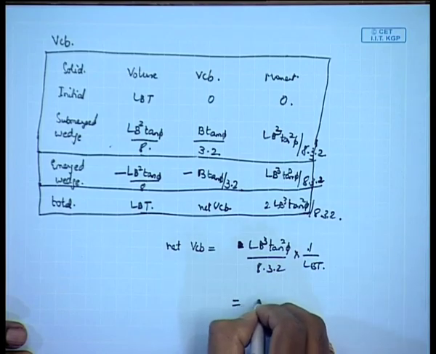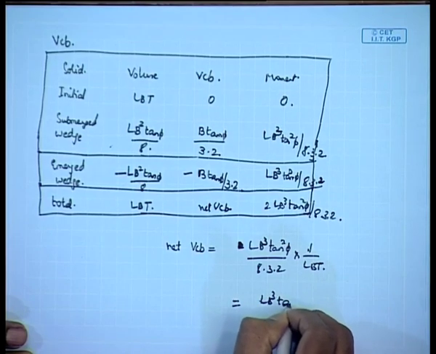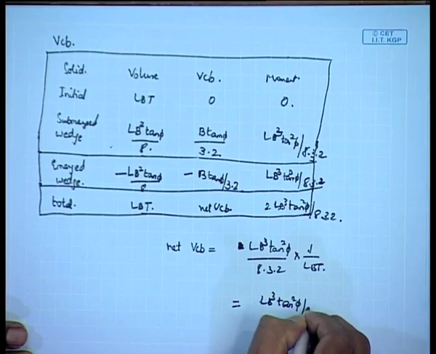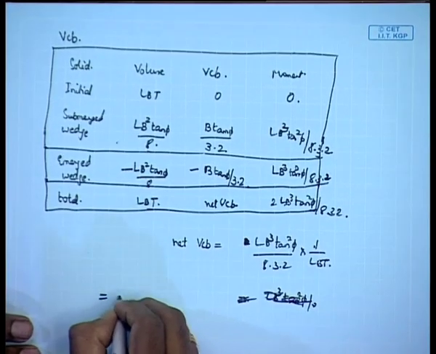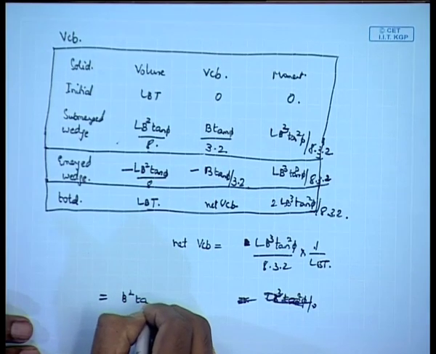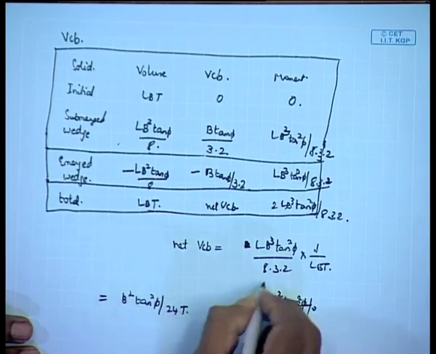So, this becomes equal to, sorry, it will become equal to B square tan square phi by 24T.